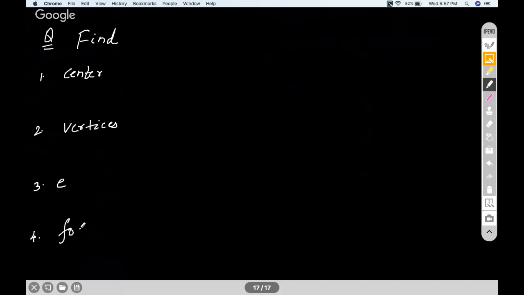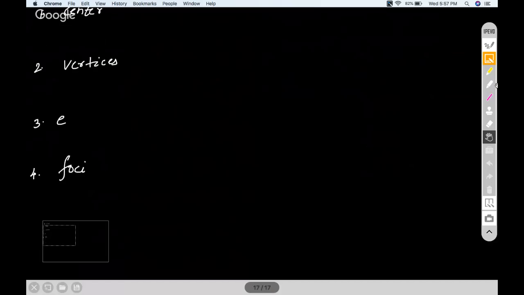So let's take a question on this. Find number 1, center. Number 2, vertices. Number 3, eccentricity. Number 4, let's say foci.